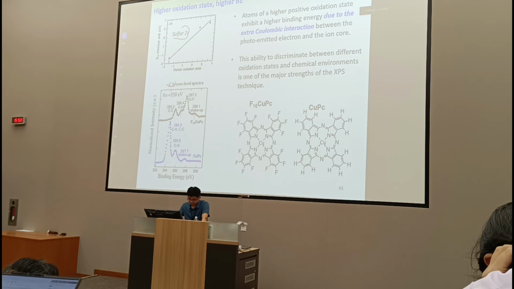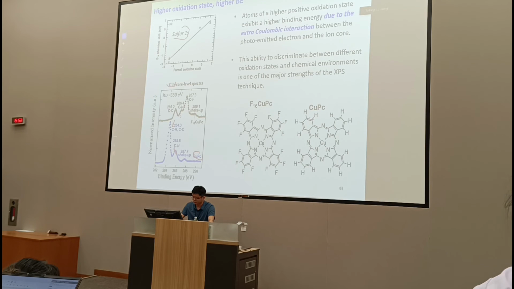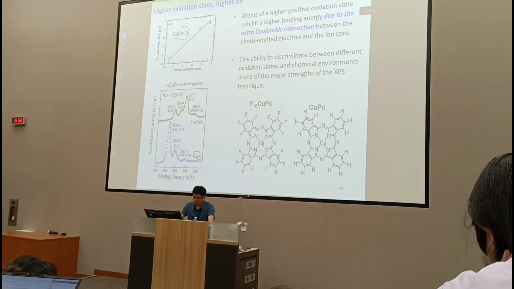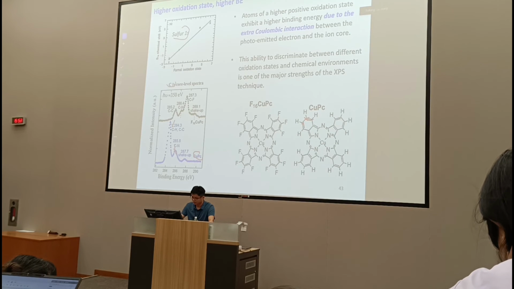For the bottom blue curve, you measure for the copper PC the carbon, you have these 3 peaks. One is assigned to carbon that connects to the hydrogen. Then another carbon connects to the nitrogen, for example, this kind of carbon, the different kind of carbon species.